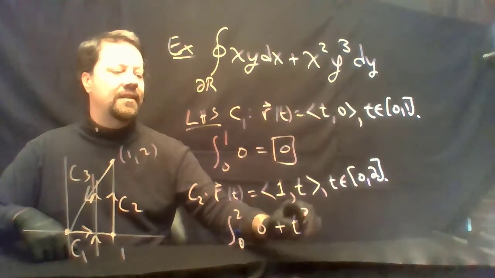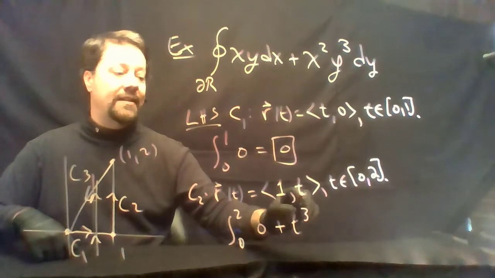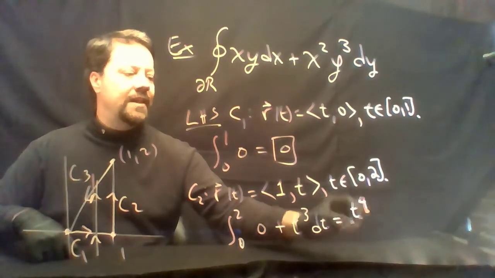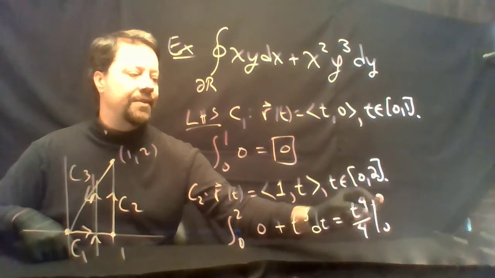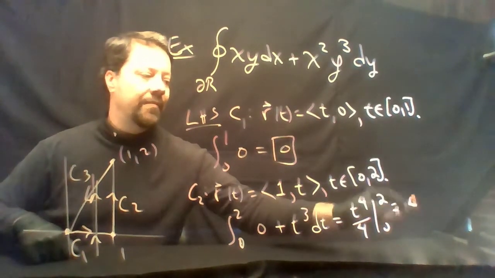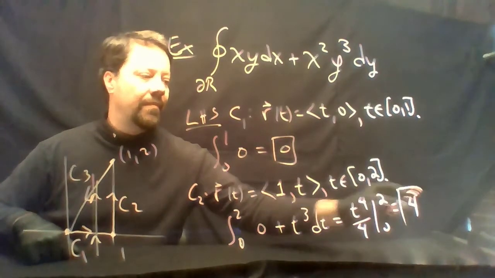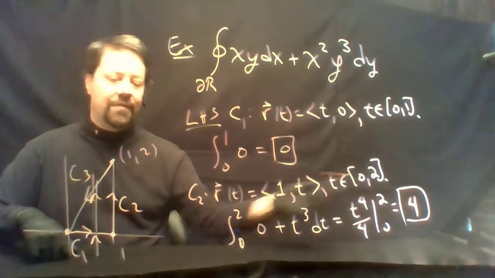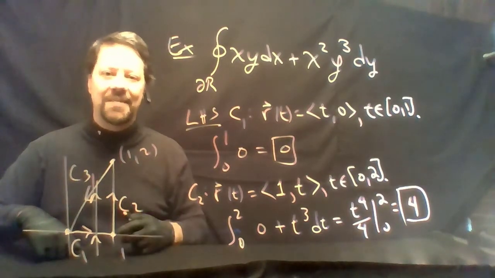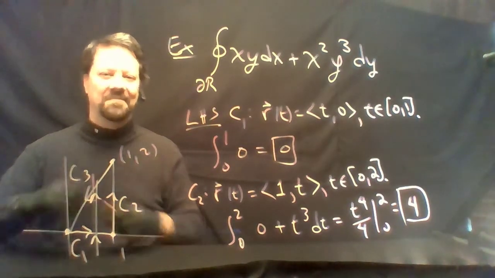We get t cubed times dy. dy is dt. This gives us t to the 4th over 4 evaluated from 0 to 2. 2 to the 4th is 16, divided by 4 is 4. 0 plus 4, we have a running total of 4 so far. We better end up with something negative on C3.